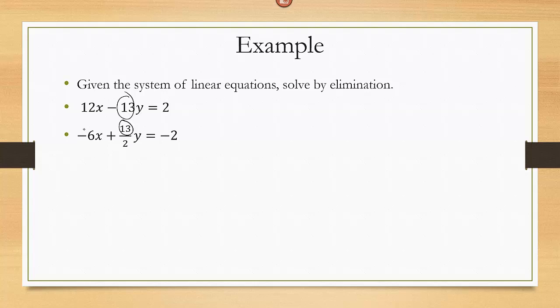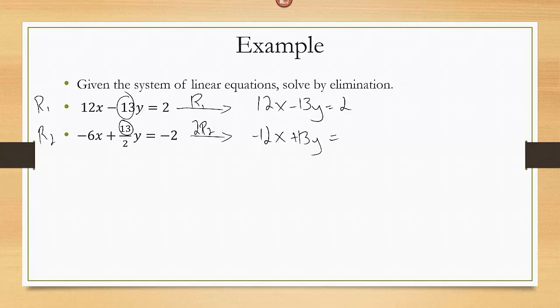So I want to multiply our row 2 by 2, and we're going to leave our row 1 alone. So just bring row 1 over. So we'll have 12x minus 13y equals 2, and 2 times negative 6 is negative 12x. And 2 times 13 over 2, the 2's will cancel, so we're left with plus 13y. 2 times negative 2, that's negative 4.